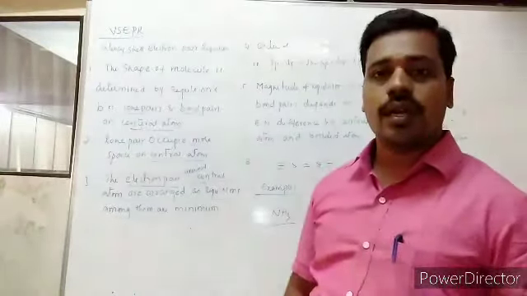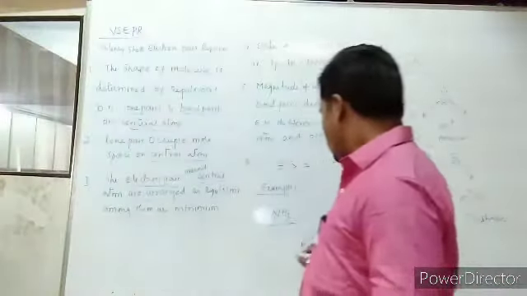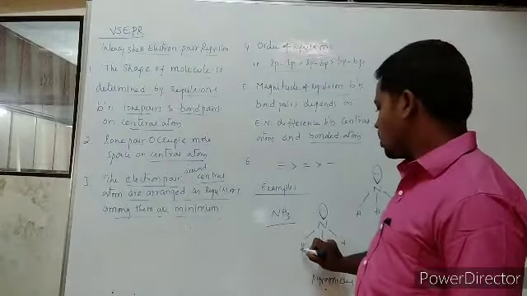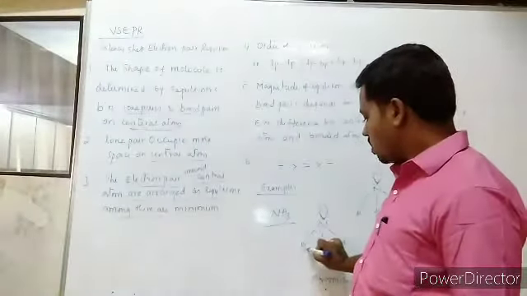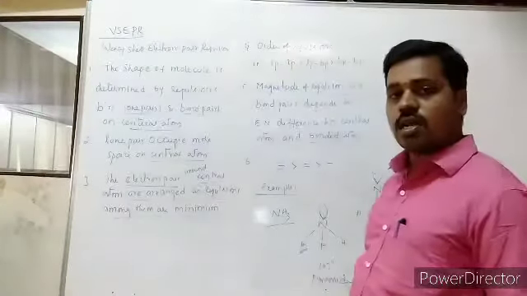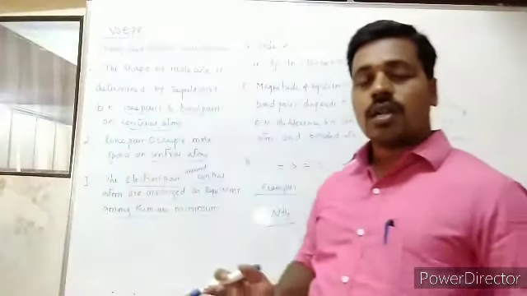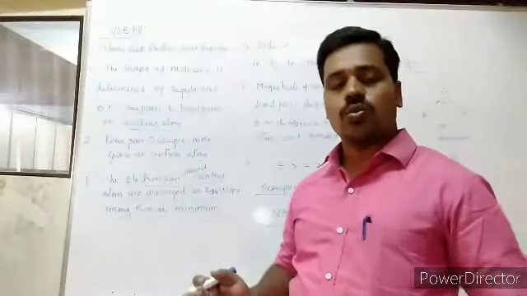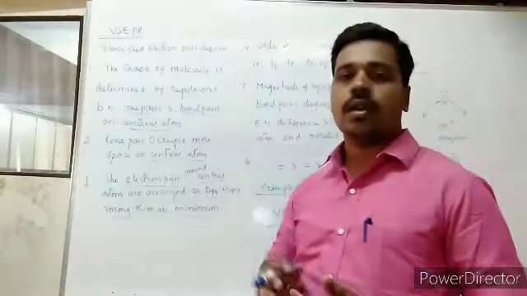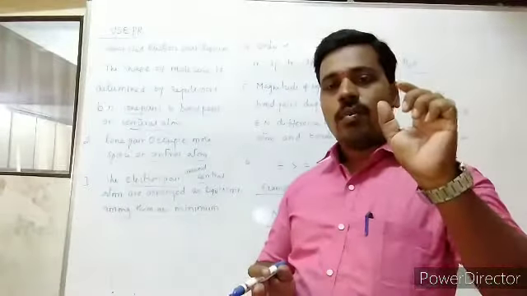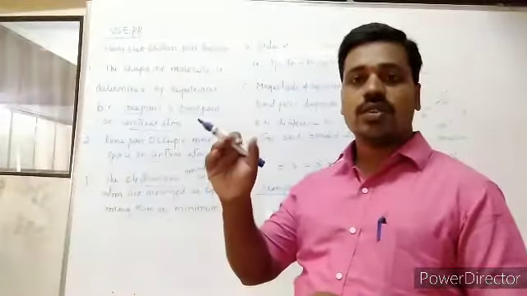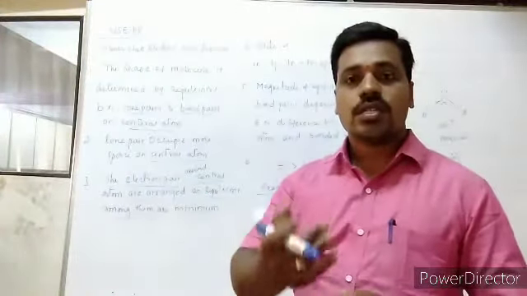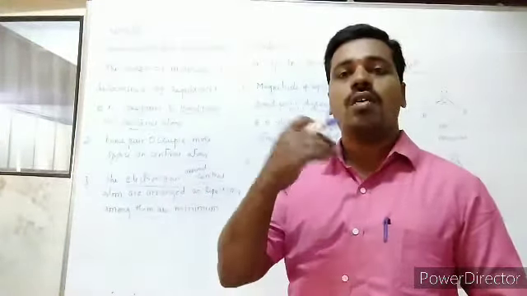For example, hydrogen is the bonded atom and nitrogen is the central atom. We take the electronegativity of these two, nitrogen and hydrogen, and make a difference between them. The difference obtained represents the magnitude of repulsion.